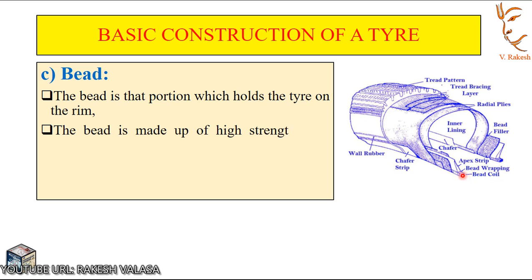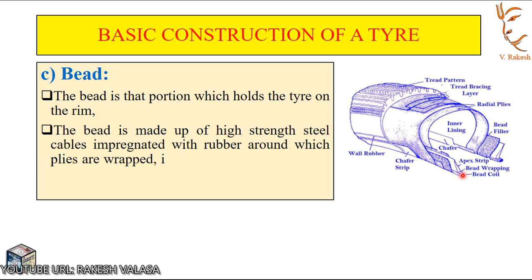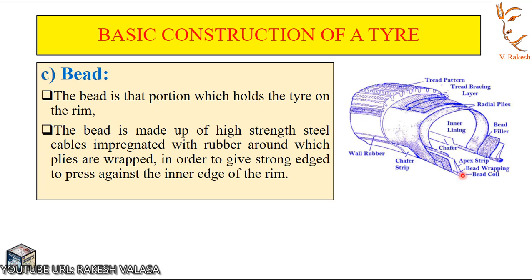The bead is made up of high strength steel cables integrated with rubber, around which plies are wrapped in order to give a strong edge to press against the inner edge of the rim. This is the left bead coil. This is the right bead coil.